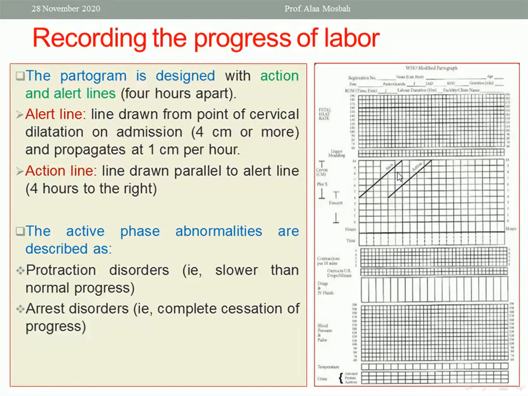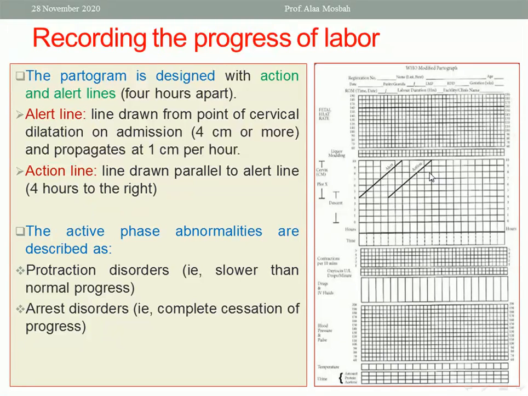But if you did all measures and there is no more progress in cervical dilatation or it progresses slowly, then the line of progressive cervical dilatation crosses the action line.